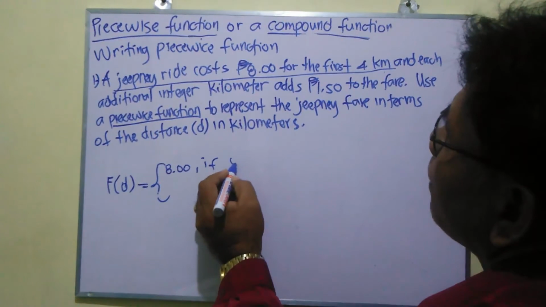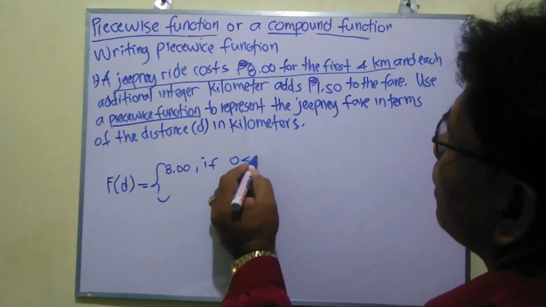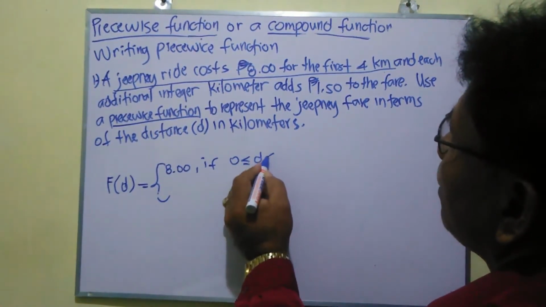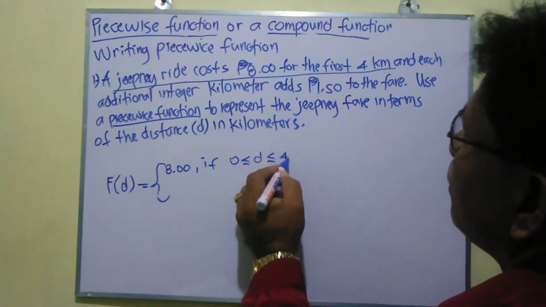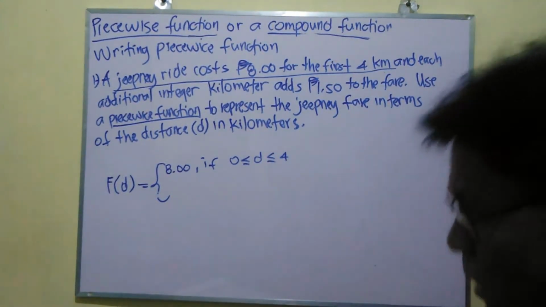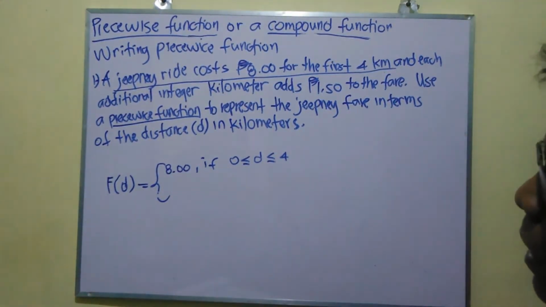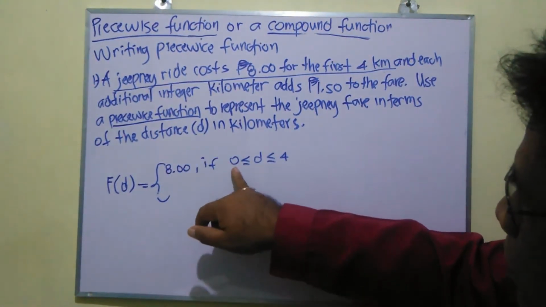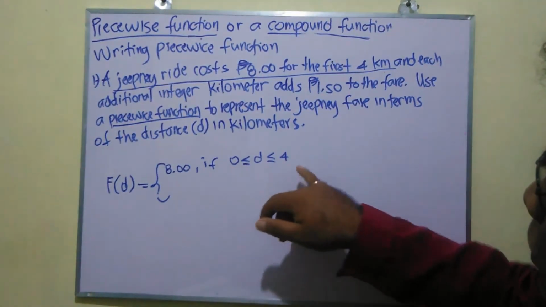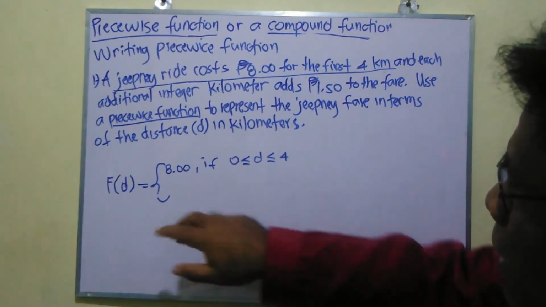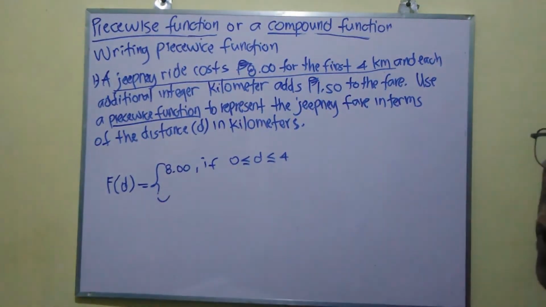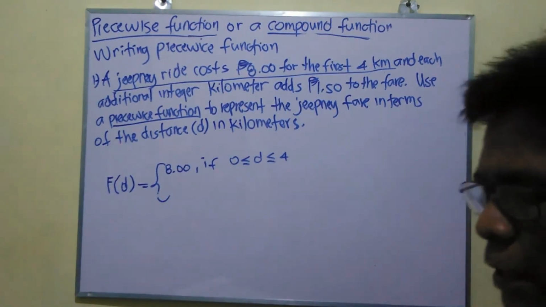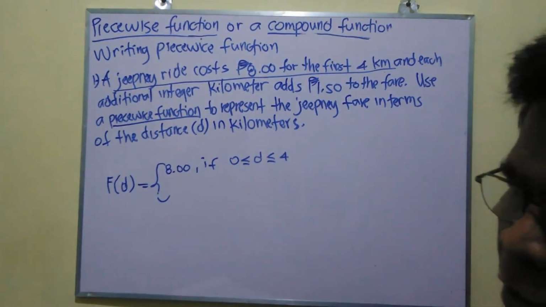So the distance is from 0 less than or equal to 4 kilometers. The distance of the jeepney travel from 0 kilometers to 4 kilometers, the fare is 8 pesos. That is the first sub-function.